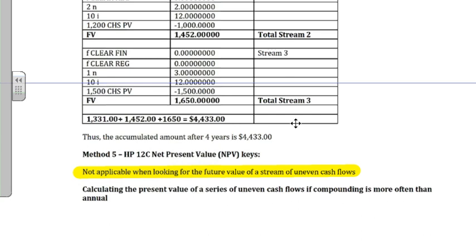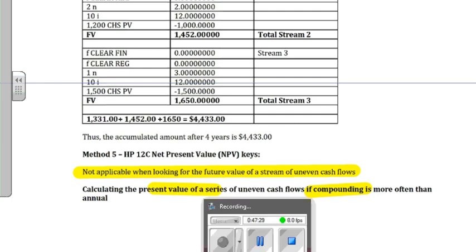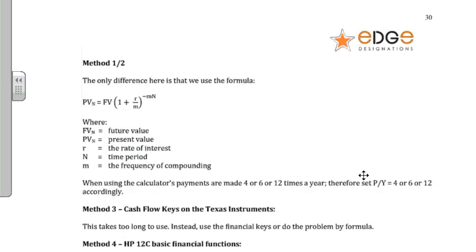Okay, calculating the present values of uneven cash flows if the compounding is not annual, like we've looked at up until now. So we're just mixing it up a bit over here, guys. So it's present value of cash flows and the compounding is not annual compounding. What I do over here, okay, horrible, I've got to use this fancy formula over there.